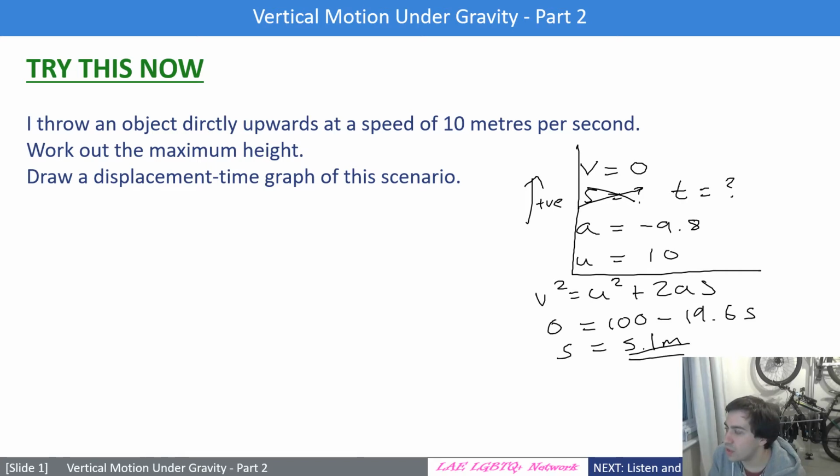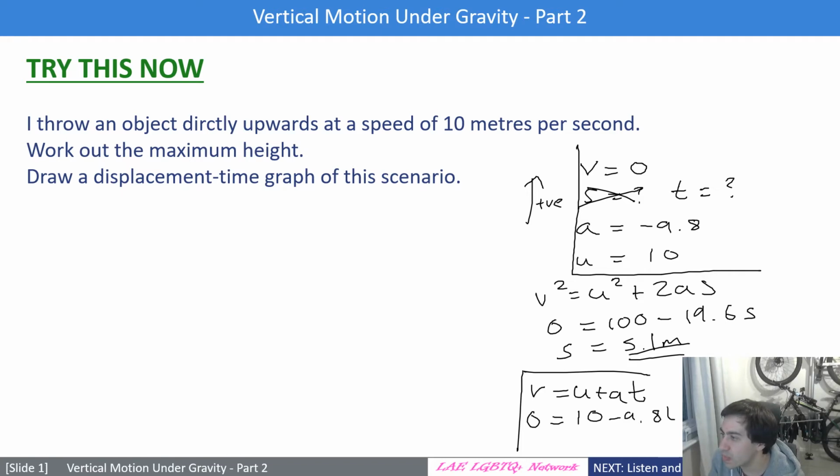Right, so we take note of the 5.1 meters. So I've got V equals U plus AT. So let's do a separate Suvat equation here using V, U, A, and T. That tells me 0 equals 10 minus 9.8 T. Therefore, T is equal to, if I work it out, 10 over 9.8. Could have done that in my head, really. That'll be 100 over 98. Yeah, so 1 over that.